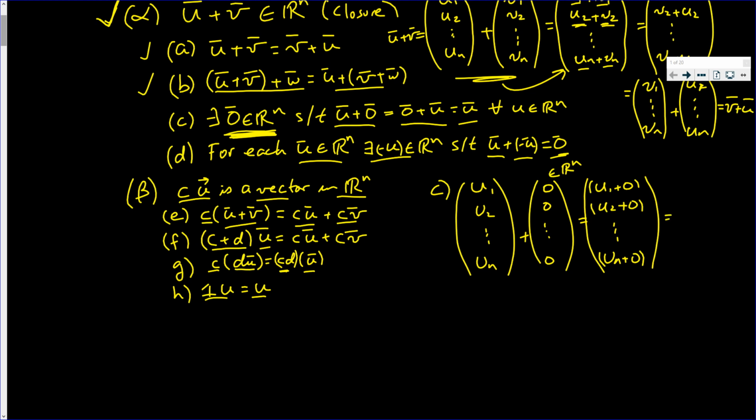But u1 plus 0 is u1, u2 plus 0 is u2, all the way to un. Remember, those are real numbers, and if you have a real number and you add 0, you just get back that real number. So this is u. So I took u, I added this vector, and I got back u. And so I showed that this is u.